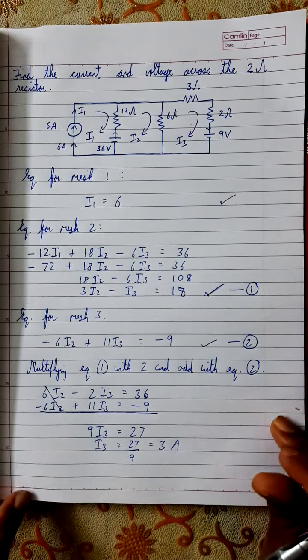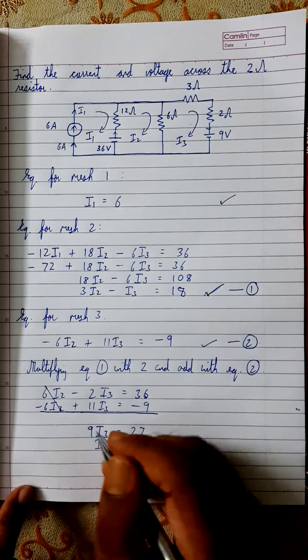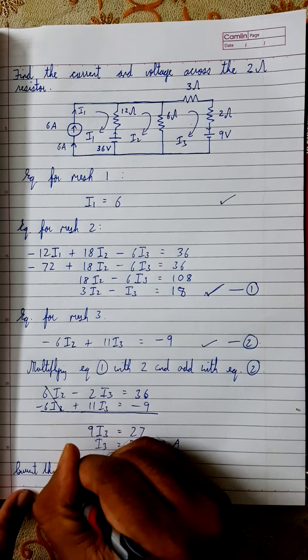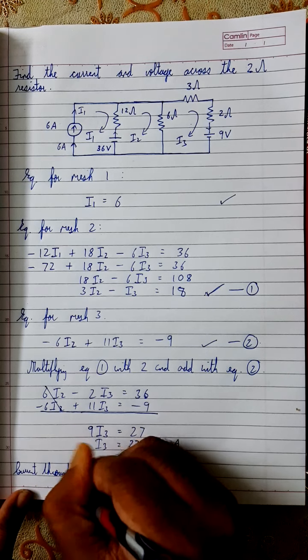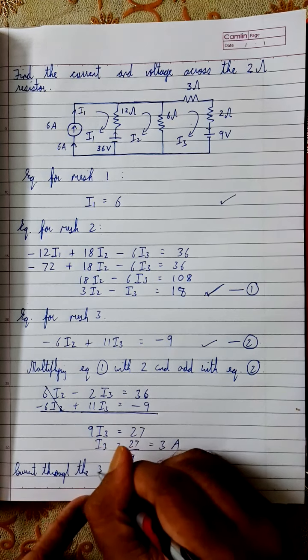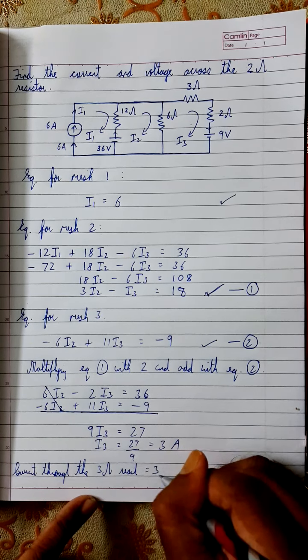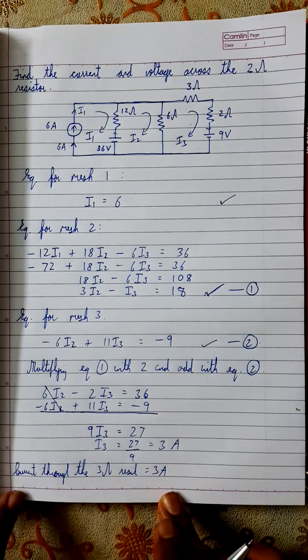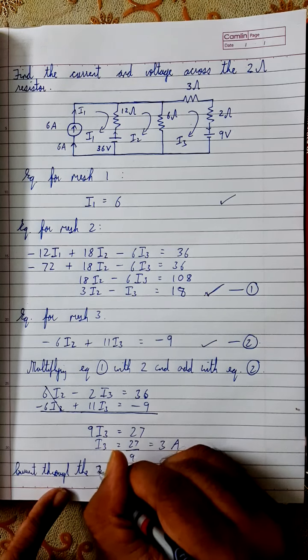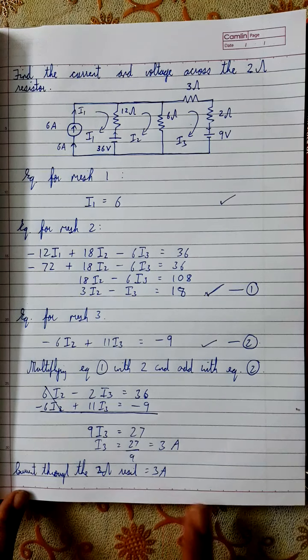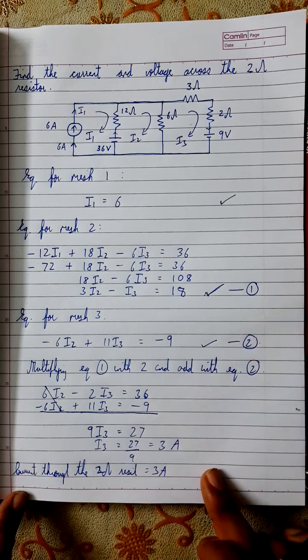Let me write that. Current through the 2 ohm resistor is equal to 3 amperes. Now what is the voltage across the 2 ohm resistor?